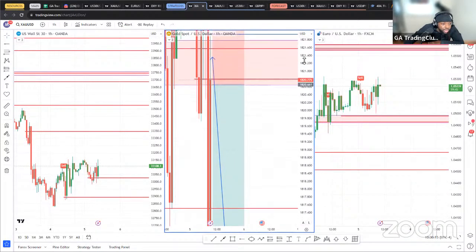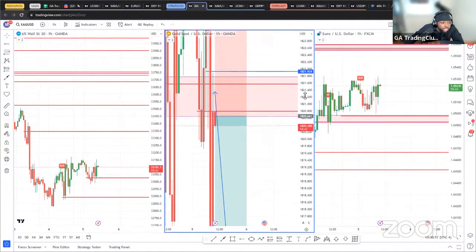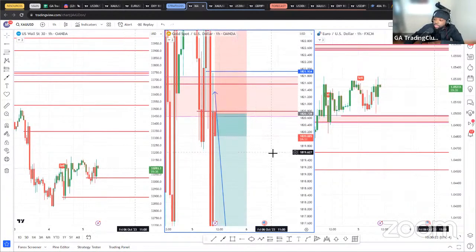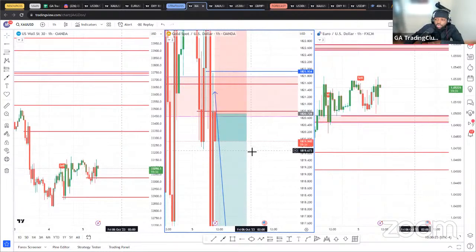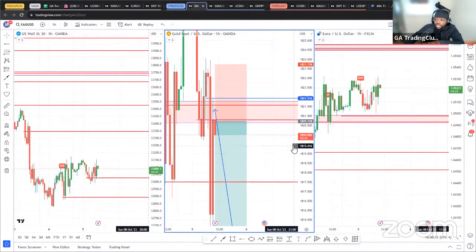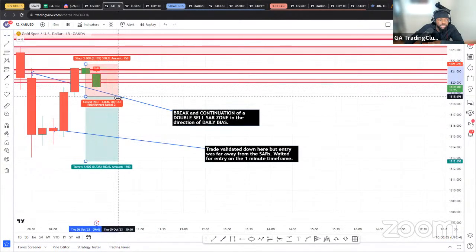Nope, it's actually valid. They closed it below that sell SAR, so I jumped into a position here. That one wouldn't count as an official trade. That was just me, that hourly entry. The only official trade is that 1 minute trade right here. So this is the trade we are in.